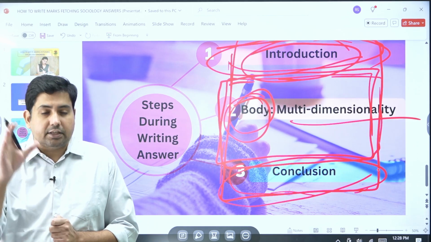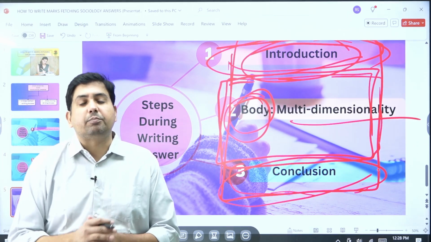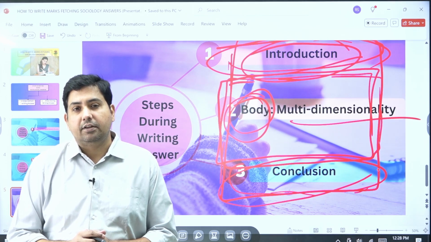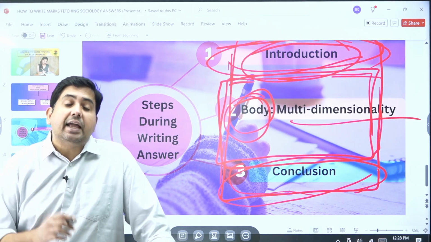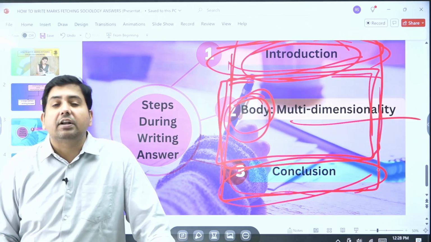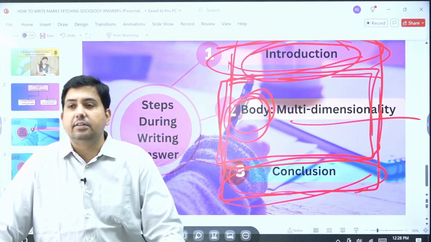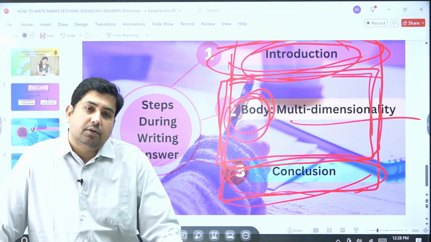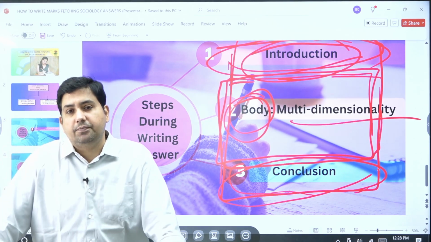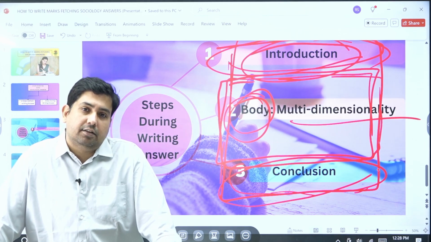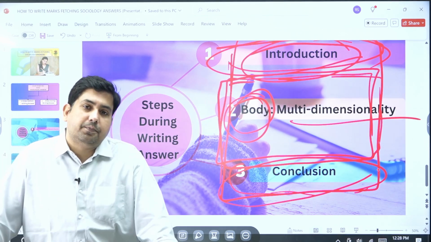Then the examiner would be impressed that you have studied your paper, the optional, properly. Also, your answer should carry sociological concepts like, say, mechanical solidarity, organic solidarity. If the question is related to anomie, it should come. So these things actually show mastery of the Durkheim concepts that you have done. And this is exactly what Durkheim has talked about.